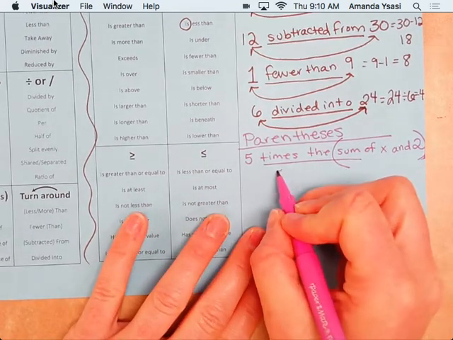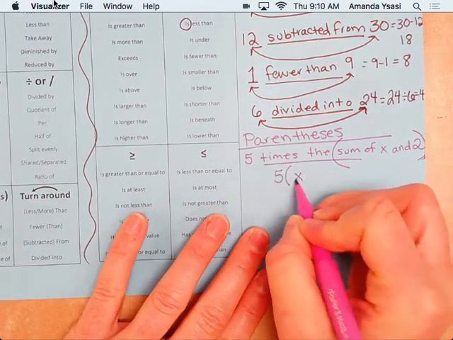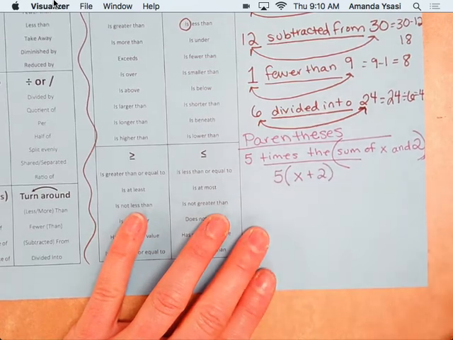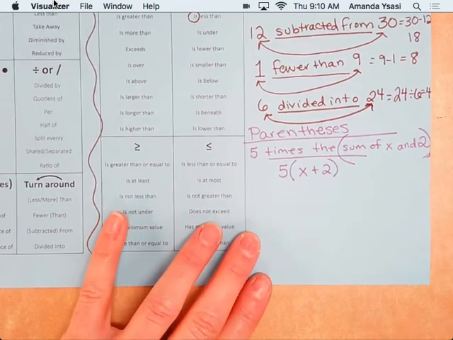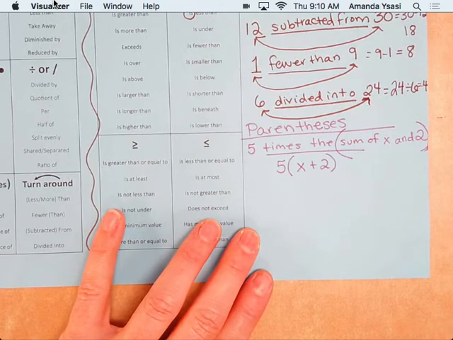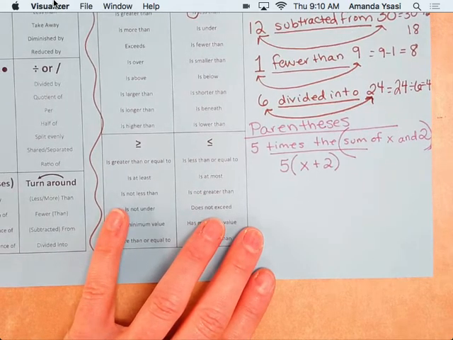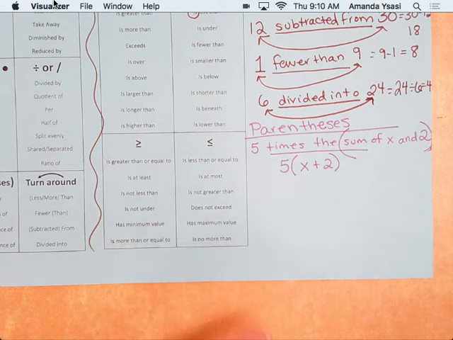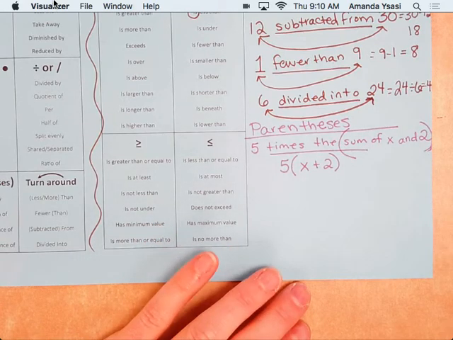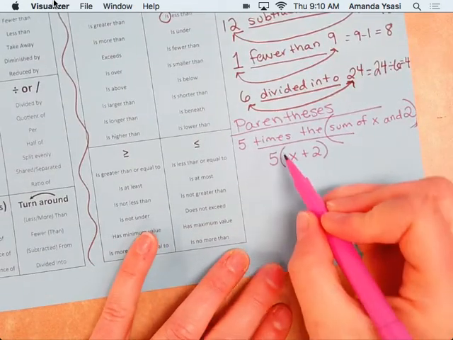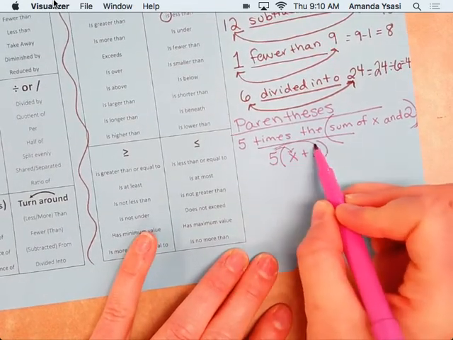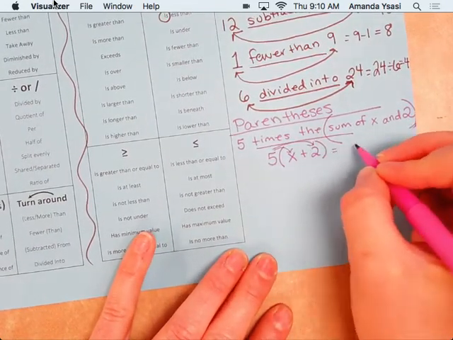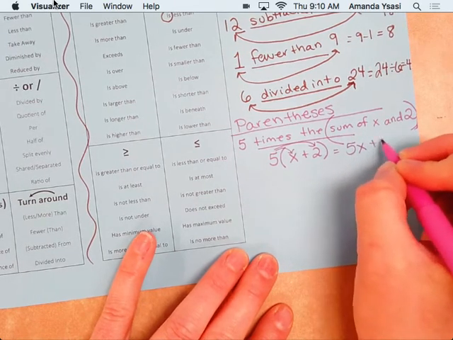So in a problem like this, it's important to distribute the 5 to every term, right? So when we distribute, it's not 5x plus 2, it's 5x plus 10.